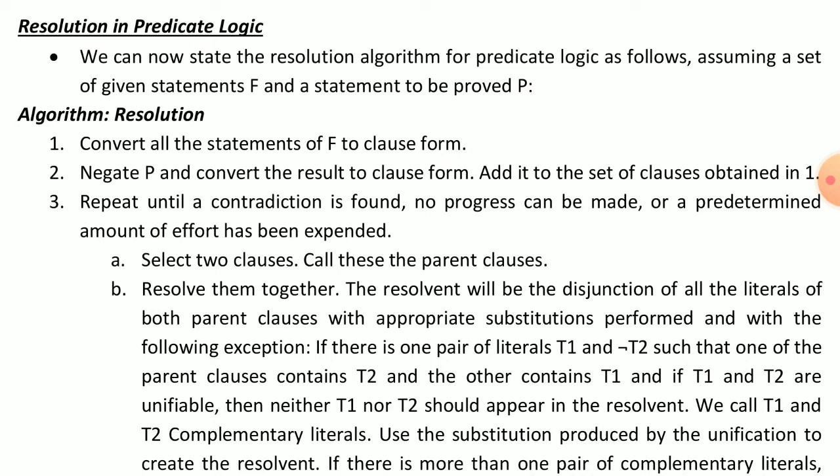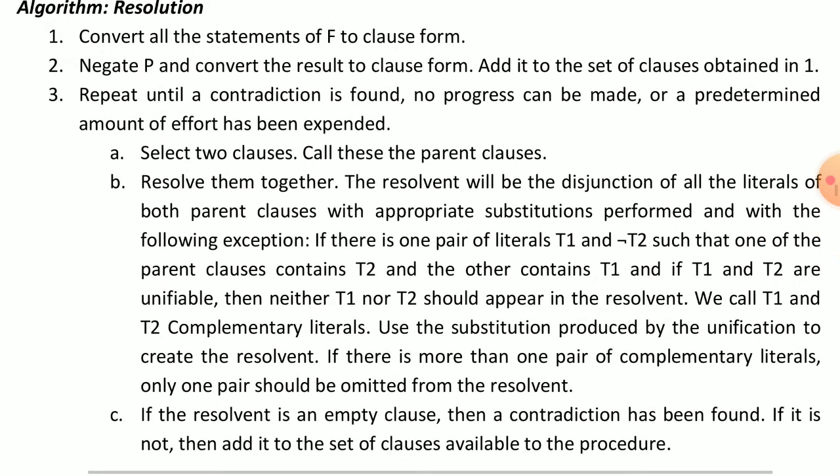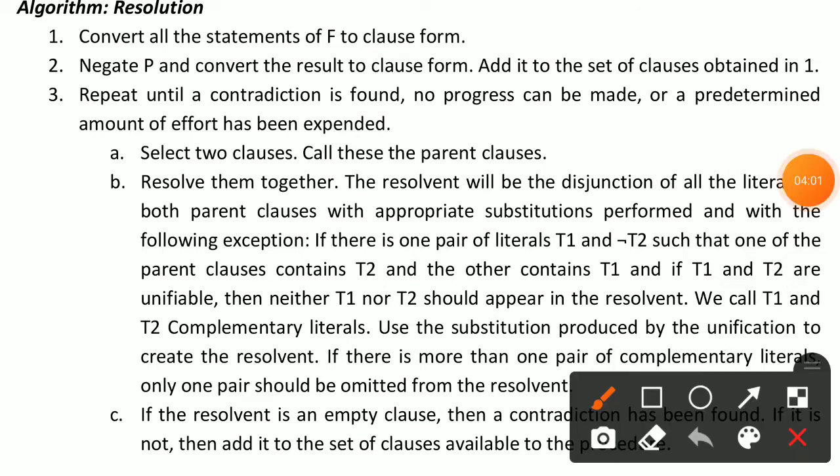Here we repeat this procedure until we get the result, or we can make no progress, or the effort limit is reached. This is our third step, and in this third step there are sub-steps. A: select 2 clauses.